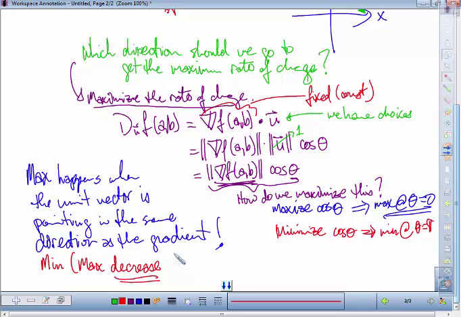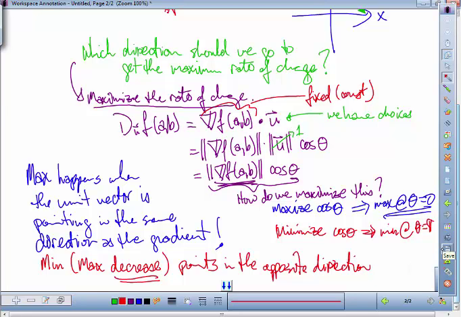If you think of a slope, it's decreasing if it's negative, so the maximum decrease points in the opposite direction of the gradient.